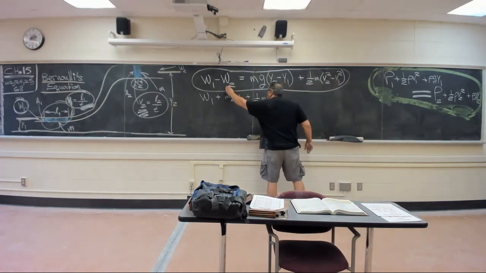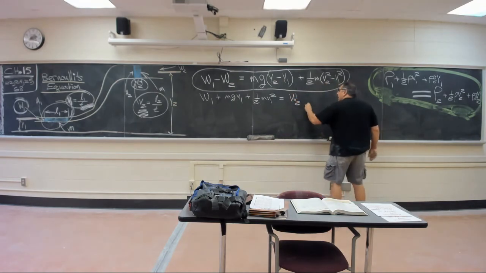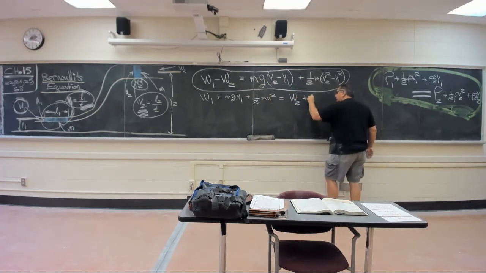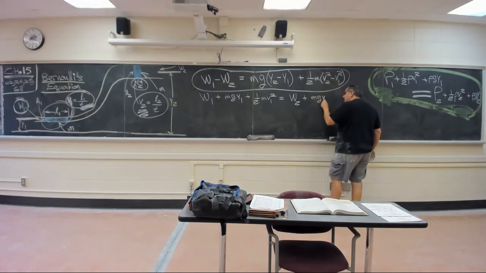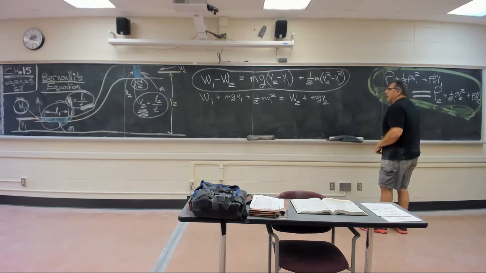Add a positive W2 on each side. Forgive me. Go mg times y2, leave it alone, because it's already on the side you want it to be on. It's already on the right side, literally and figuratively.